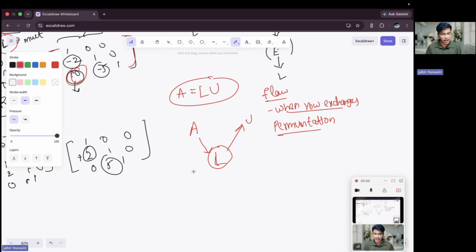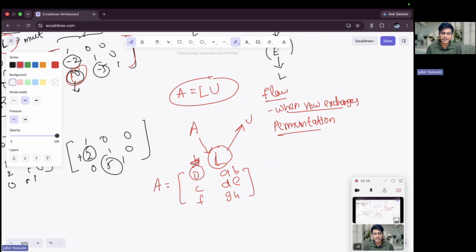For example, let's say I have A with 0, A, B, C, D, E, F, G, H. Now, we know from Gaussian elimination that the first pivot, or any pivot in that sense, should not be 0.